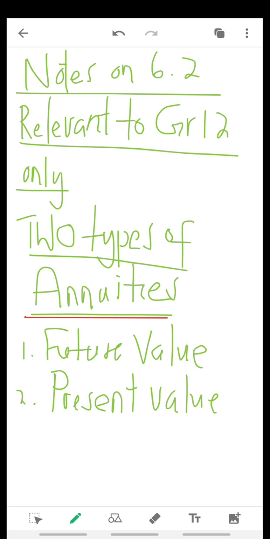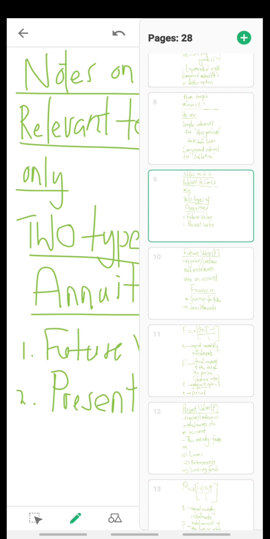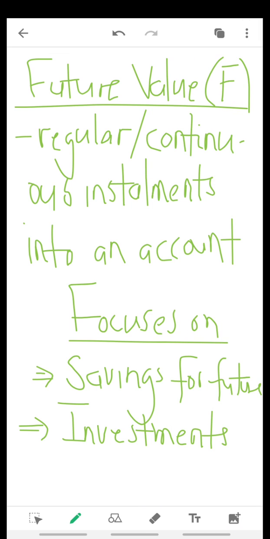Okay, so we've got two types of annuities, which is a future value annuity as well as a present value annuity. You need to know the difference between the two. Future value, here we are concerned about the future. It's more like we are saving for the future. Then present value is what we are presently taking, an example being a loan. Now let's go to each one.